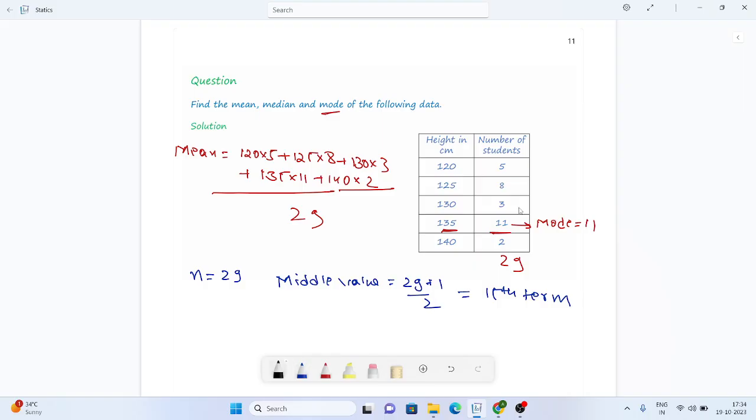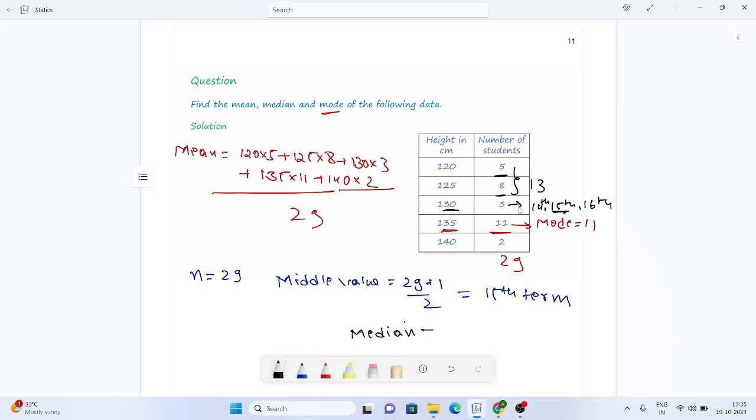Here we add 5 plus 8, 13, so up to the 13th term, 5 times 120, 8 times 125. Then the 14th, 15th and 16th terms, because this repeats 3 times, are nothing but 130. So what is the 15th term? 130. So the median is nothing but 130.